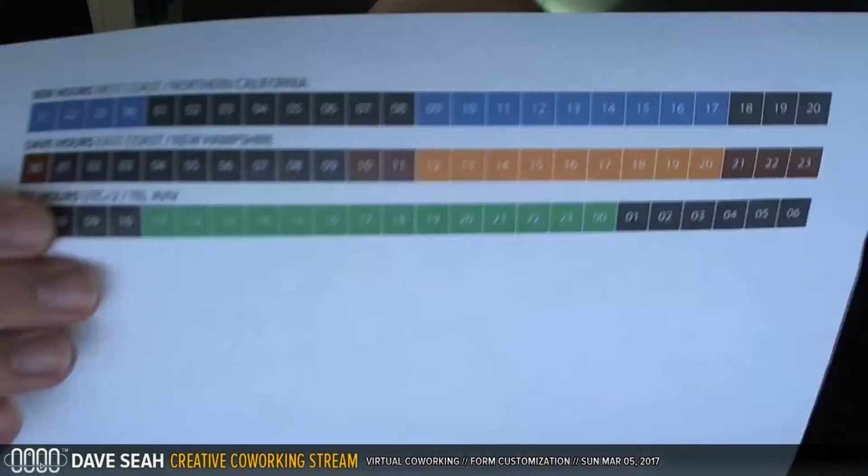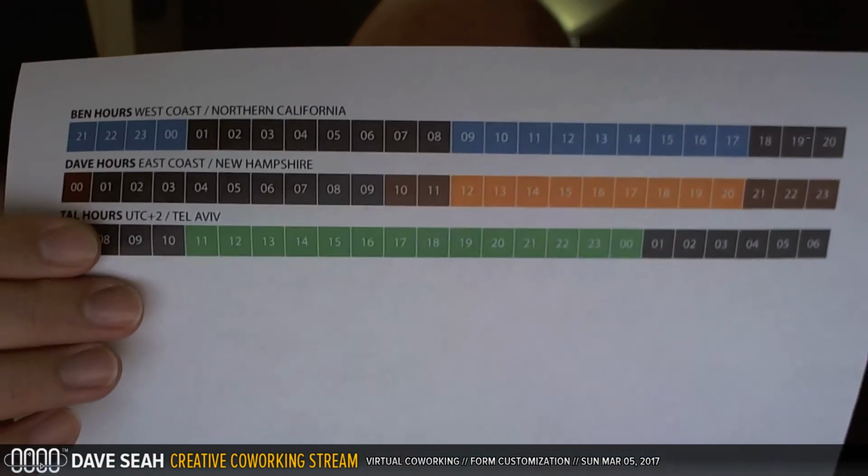Oh, here's this. I was looking for this before. This was a relative time chart, so I knew what time it was on the West Coast and in Tel Aviv, because we're coordinating our work.